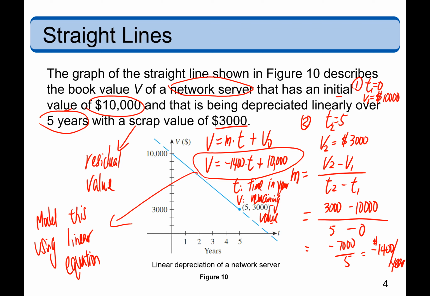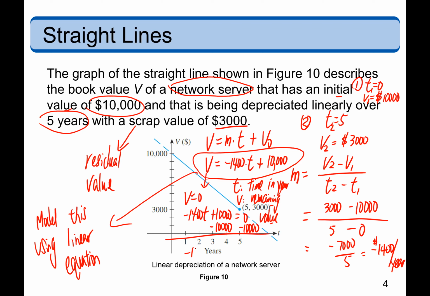So setting V equal to 0, right? Perfect. When V equals 0, that means the machine has no value at all. So that means negative 1,400 T plus 10,000 equals 0. Okay. So now in order to solve for T, you just have to subtract 10,000 from both sides of the equation.